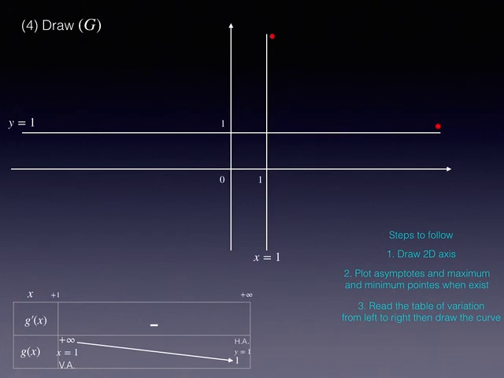You start first from the first red point, as I said, beside the asymptote x equals 1, and then decreasing to the ending point in this way. So this is the curve of the function g.